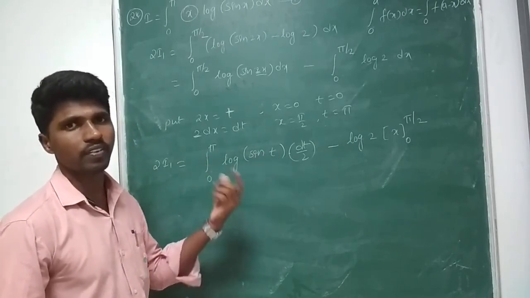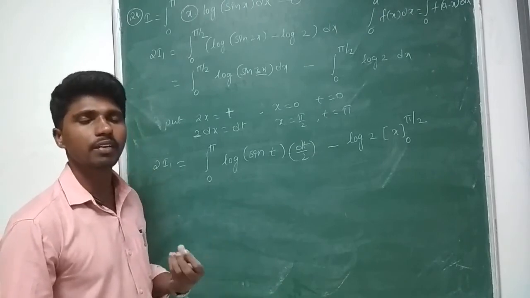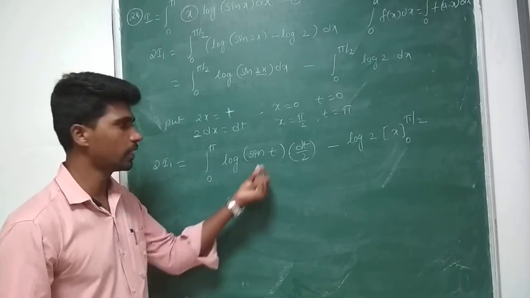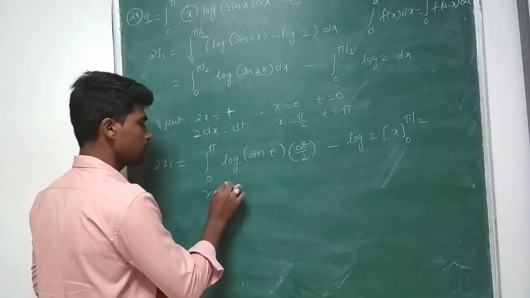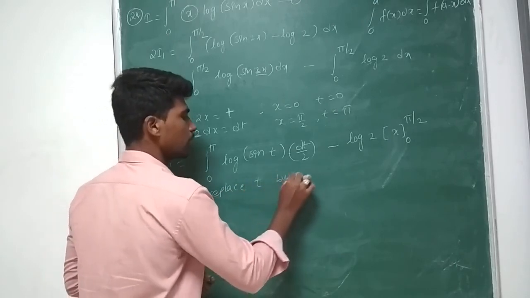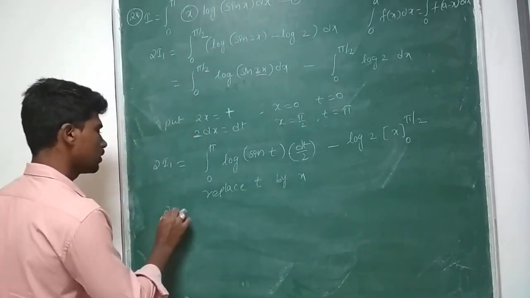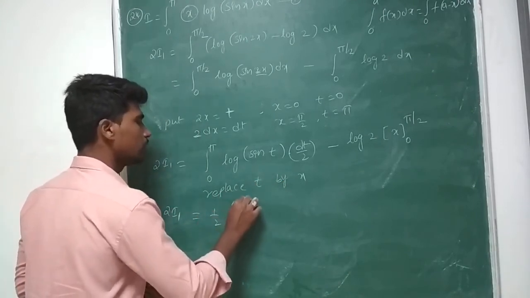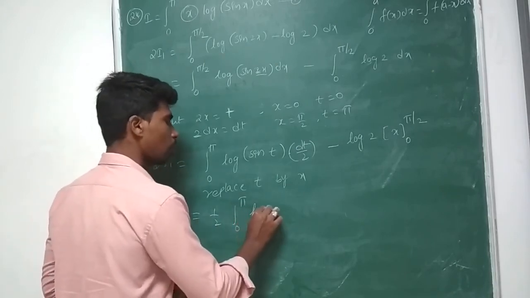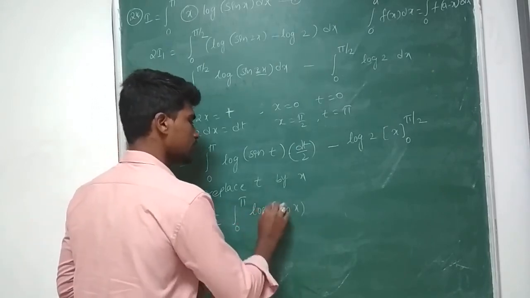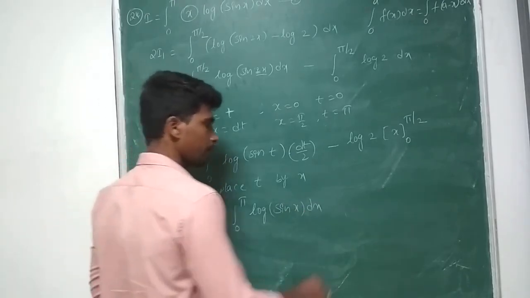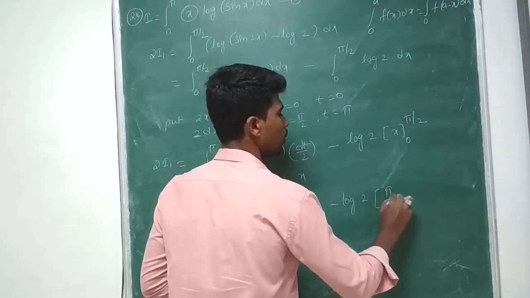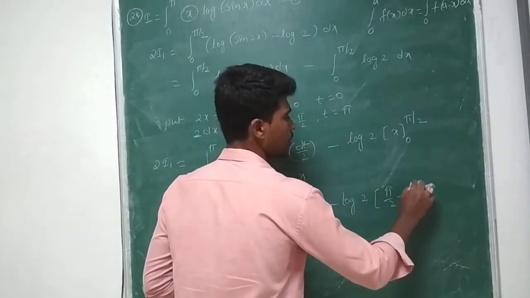As per the first property, if I change the variable to another variable, the value of the integral never changes. So now I am replacing t by x. Then I get 2I1 is equal to 1 by 2 integral 0 to pi log sin x dx minus log 2 into pi by 2 minus 0.